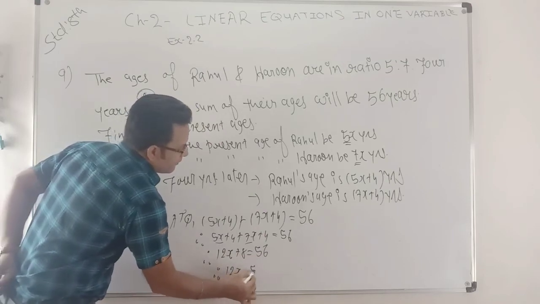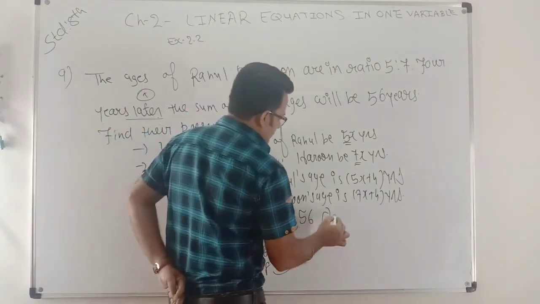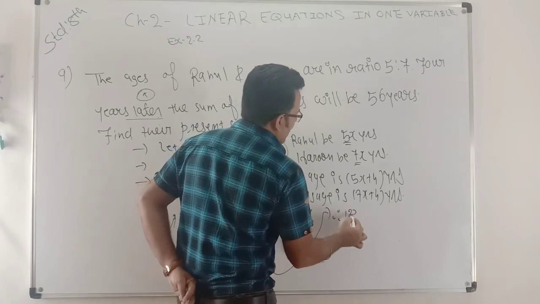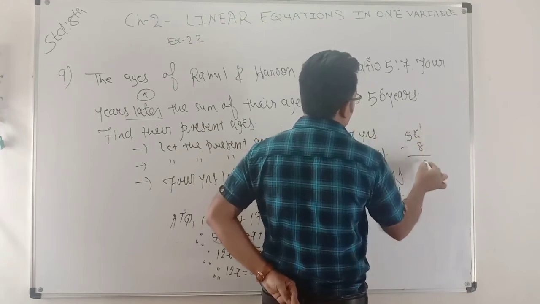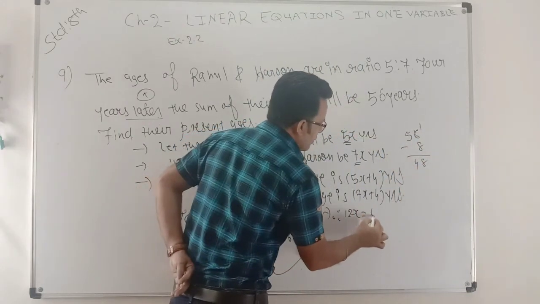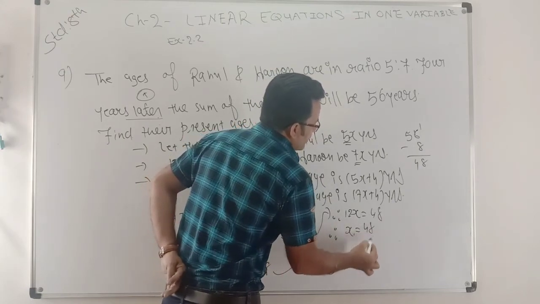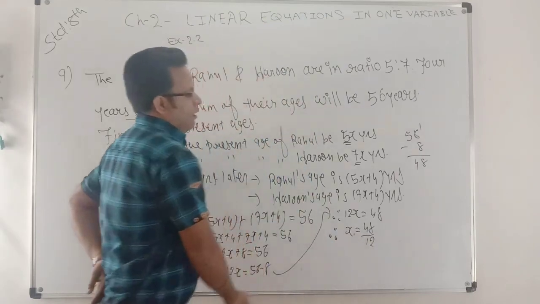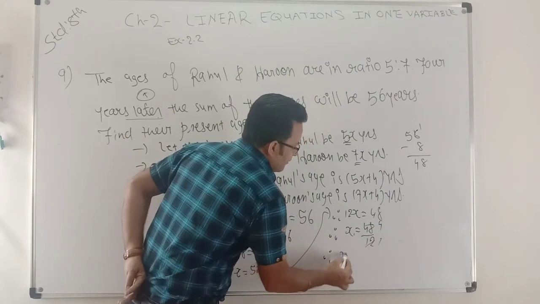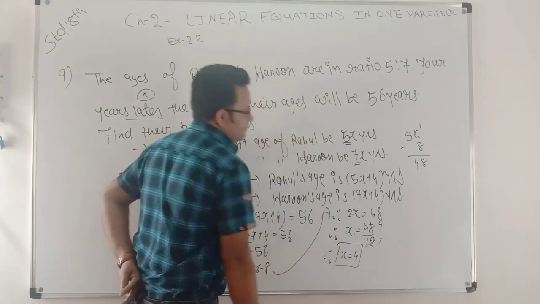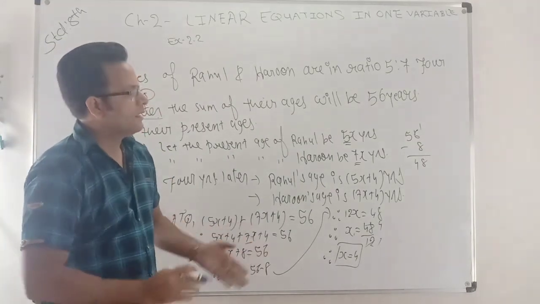Therefore, 12x is equal to 56 minus 8, that will be 48, and therefore x is equal to 48 upon 12. So 1s and 4s. Therefore, x is equal to 4. Here you got the value of x, that is 4.